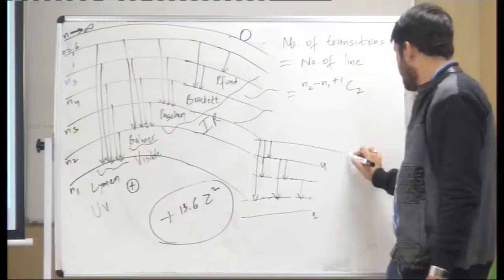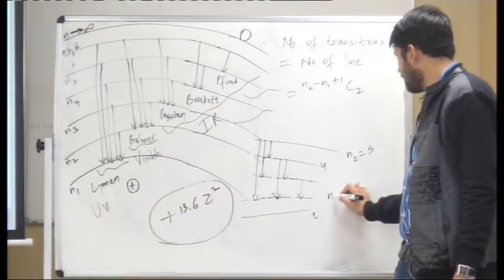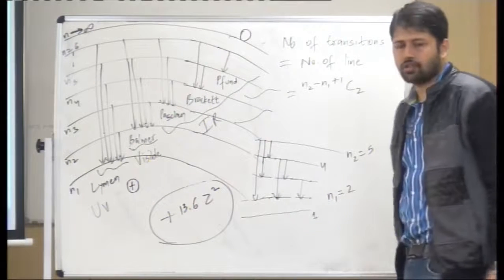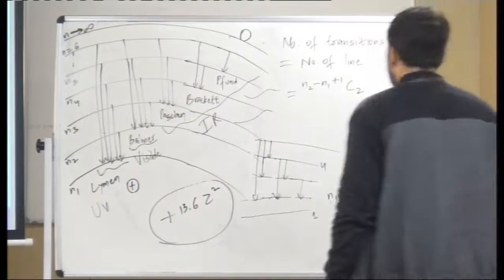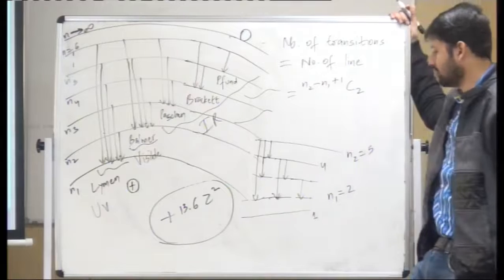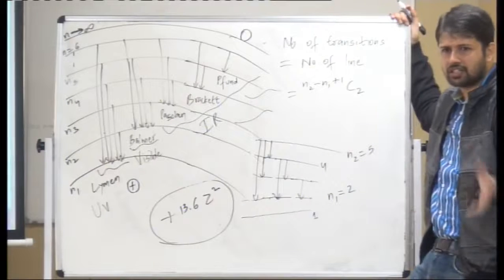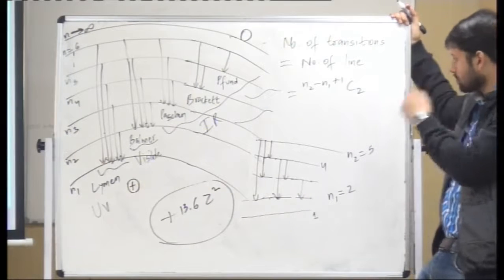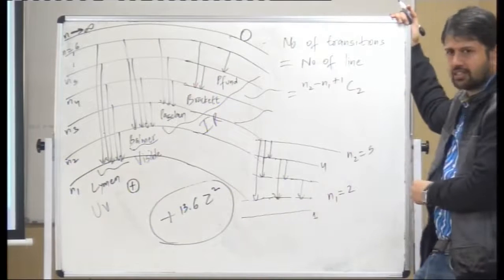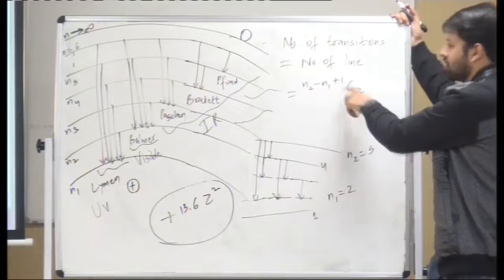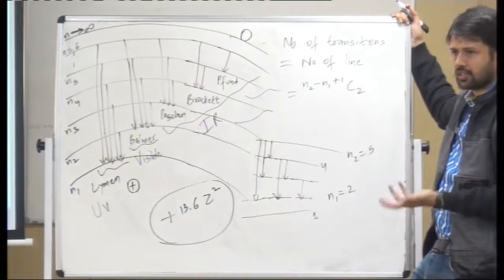If N2 is 5, N1 is 2, the transition has happened from the 5th to the 2nd. Just think about it. Number of lines would be 6. You can understand this: 5 minus 2 plus 1, 4C2, right? All correct.